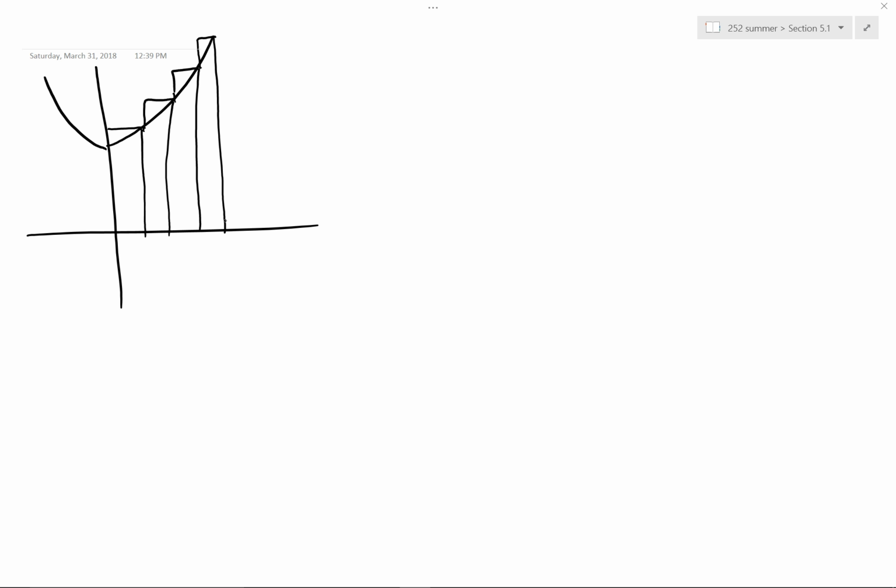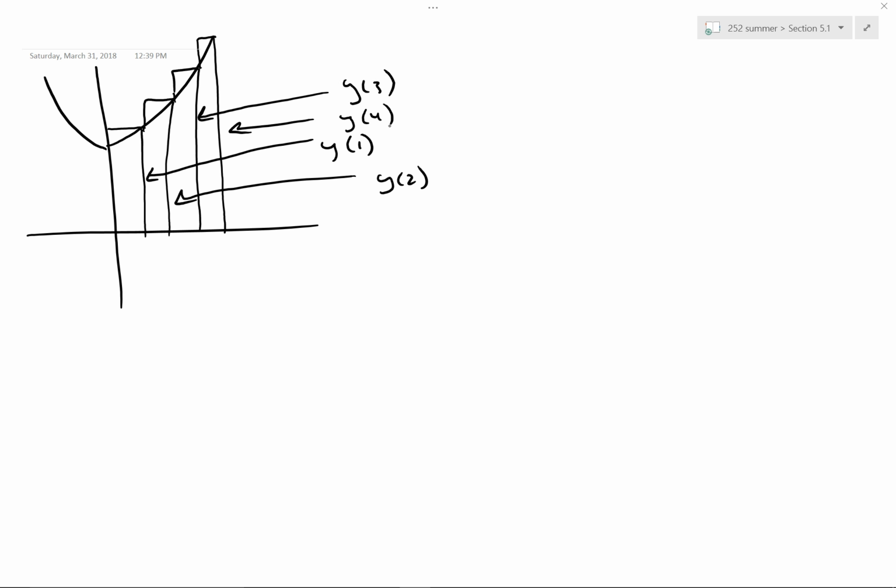We'll talk more about that as we go. One can see that if it was concave down, that is, it opened down like this, then the left would tend to over approximate and the right would tend to under approximate. Okay? But it really just depends, and so we'll talk more about that as we go. Notice that this time the heights are y of 1, y of 2, y of 3, and y of 4.